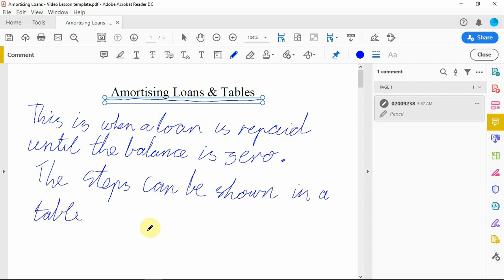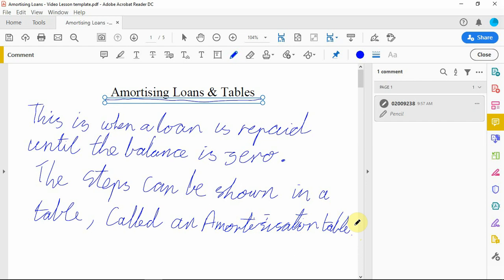Alright, and that table, of course, is called an amortisation table.